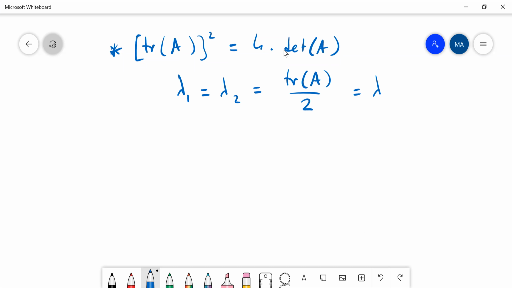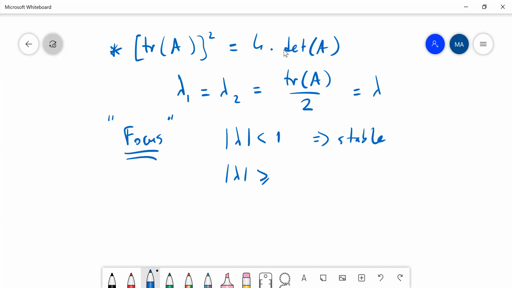Now, in that case, this is called a focus, okay? Focus. And so this is the name of the equilibrium, all right? And we have this. If the absolute value of lambda is less than 1, it's stable. If the absolute value of lambda is greater than or equal to 1, then it is unstable.